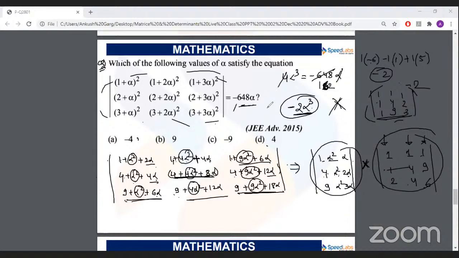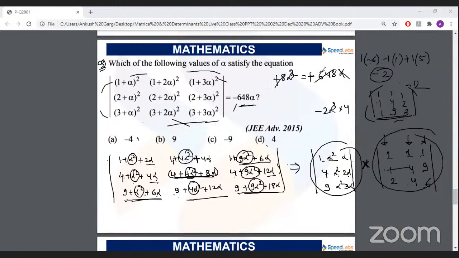Guys, please see if I'm making any mistake because the value is not coming. Okay, I have to square it also, yes, I have to square it also. So minus 2 square will be 4, so minus 2 alpha cube into 4, that will be minus 8 alpha cube. So this value is minus 8 alpha cube, which is equal to minus 648 alpha. So minus minus plus, alpha is gone.